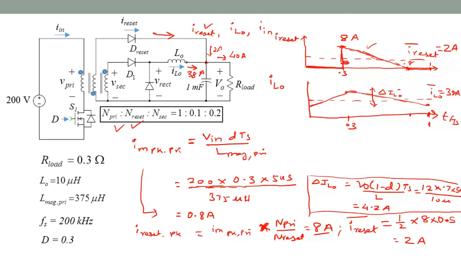This delta ILo is 4.2. So this peak value would be 38 plus 1/2 of 4.2, so that's 40.1. And the lower value of the current is again 38 minus 4.2 over 2, which is 35.9 amperes.